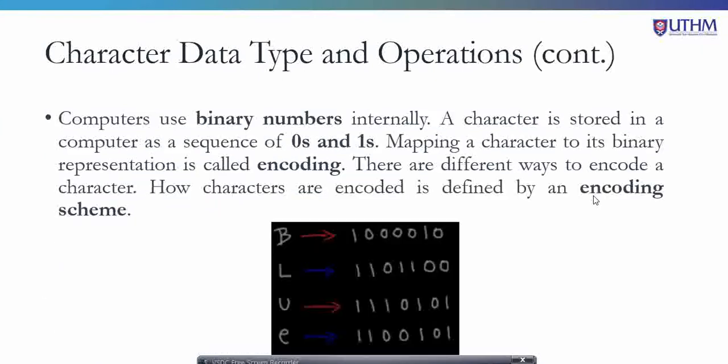Right. Move on to the next slide. So computers use binary numbers internally. A character is stored in a computer as a sequence of zeros and ones. So this is very basic. Normally, a computer will operate using binary numbers, using zeros and ones. Mapping a character to its binary representation is called encoding.